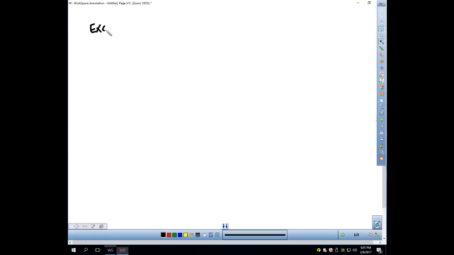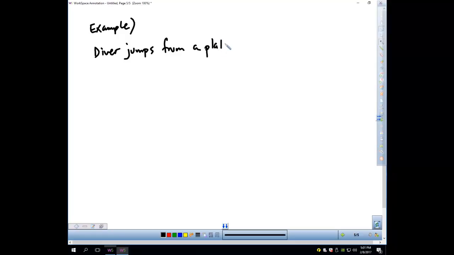So let's try an example of this and see if we can put this into practice a little bit. Suppose we've got a diver, like in a swimming competition, a diver that jumps from a platform 32 feet above the water. That scares me just to think about, but for argument's sake, let's pretend this is actually going on here.